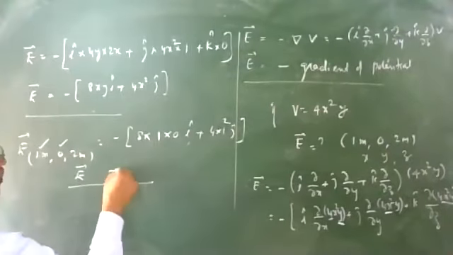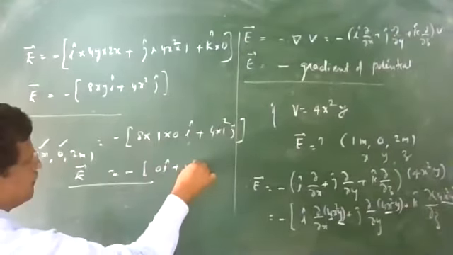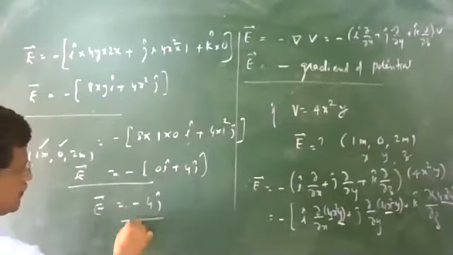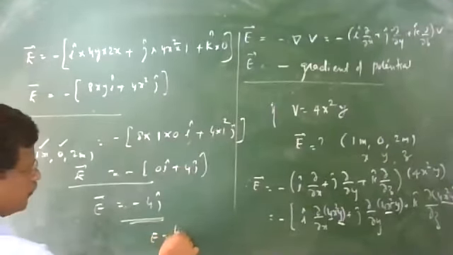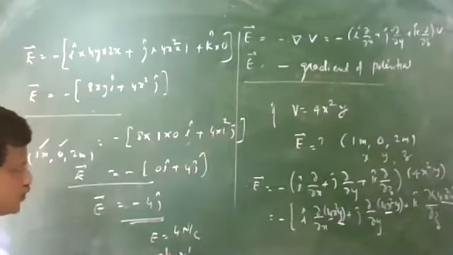So this will be equal to 0 minus 0 I cap plus 4 j. So the electric field is equal to minus 4 j. The magnitude of the electric field is 4 Newton per coulomb and is directed along the negative y axis.